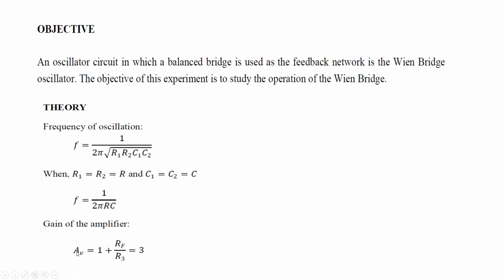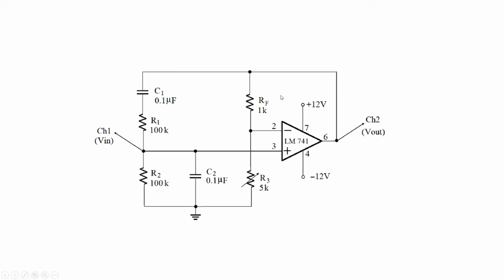We can also have the gain, as the op-amp will generate amplifying. The gain can be measured as 1 plus RF divided by R3. Here is the RF.